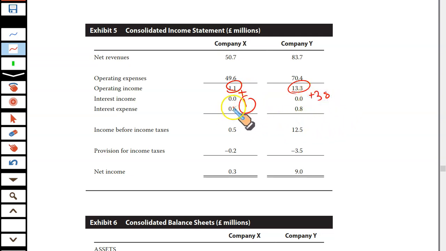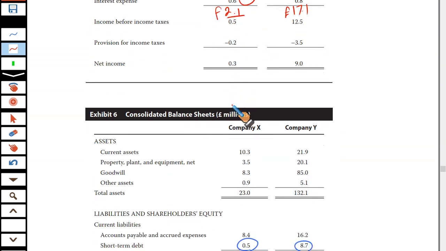So EBITDA for company X is 2.1, and for company Y it is 17.1.